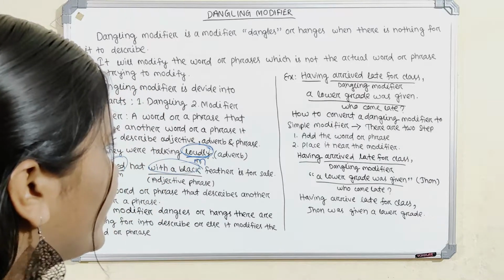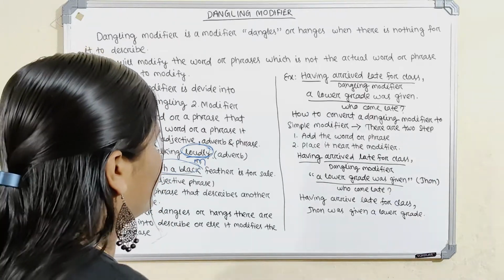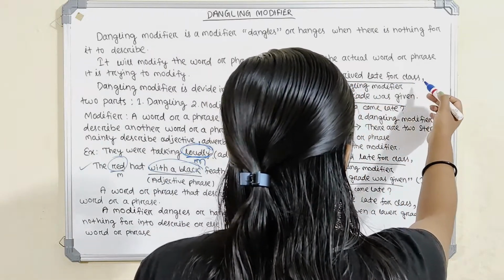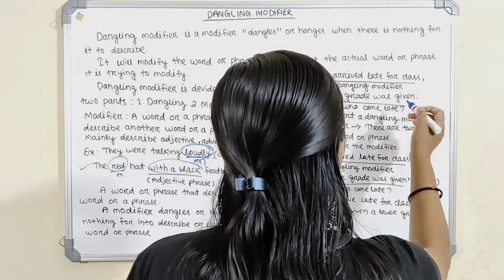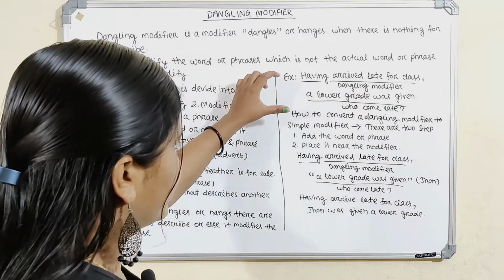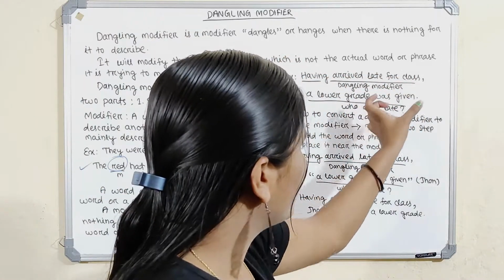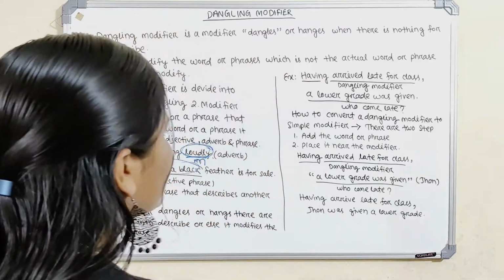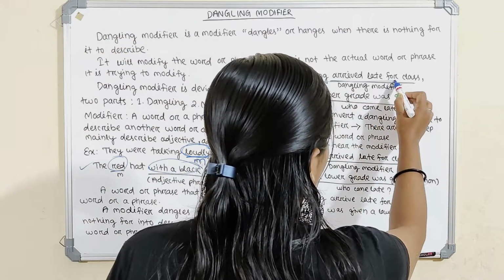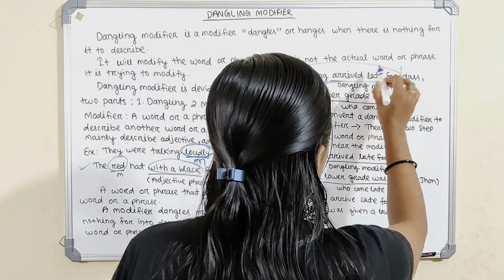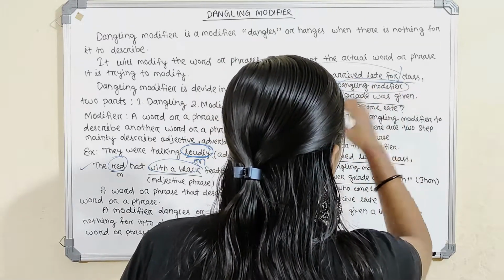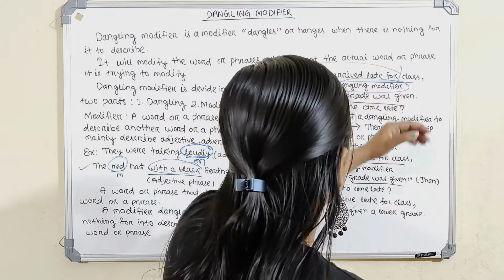So let's take some examples to make it easy. Having arrived late for class, a lower grade was given. It is one sentence. In this case, having arrived late is the modifier and it is a dangling modifier because a lower grade was given.